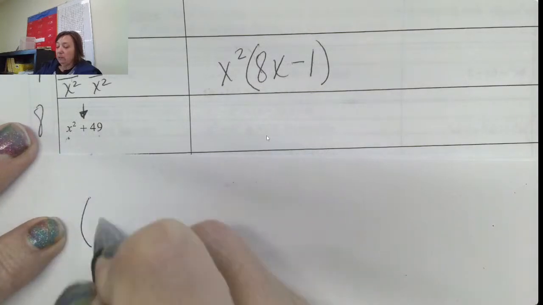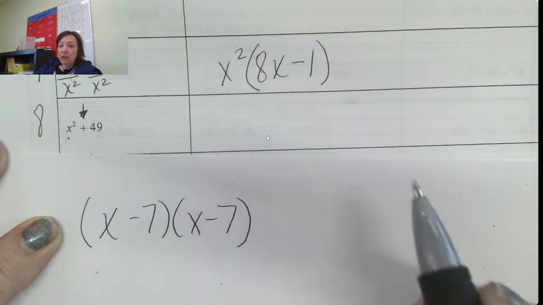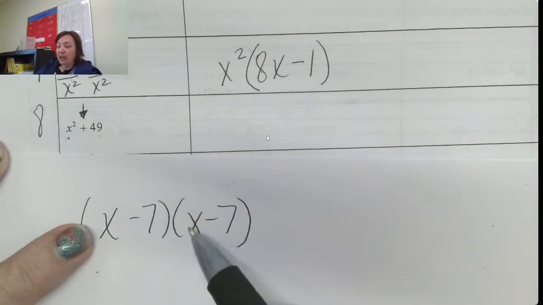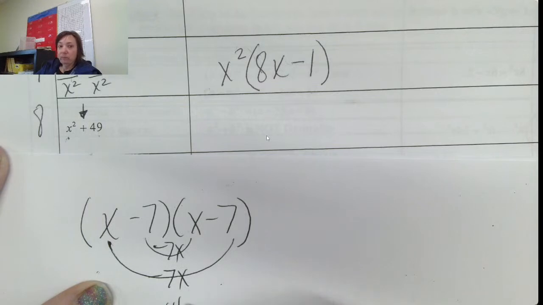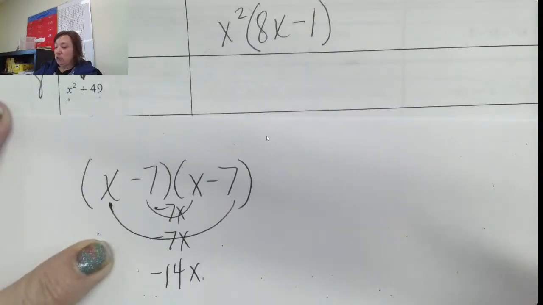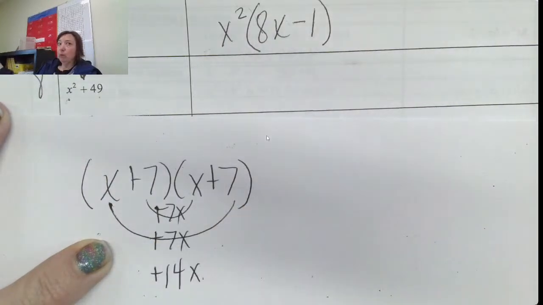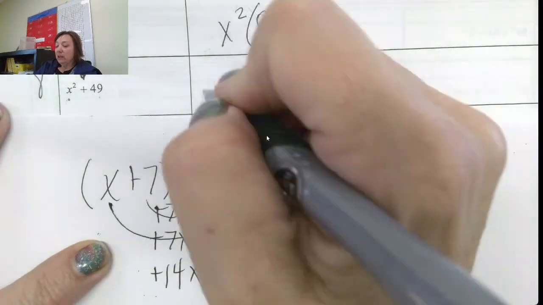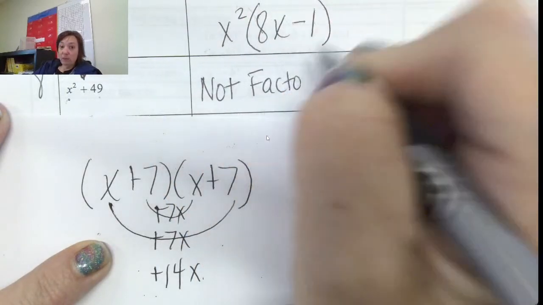This one, number 8. So if you did two negatives, right? That's going to get you x squared and 49, but look at what your outer and inner is going to get. Negative 14x. Right? If you did two positives, you're going to get 14x. We don't have a 14x, people. Do y'all see? So this one's actually, well, okay, let's think that through.